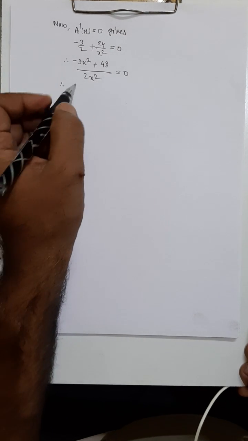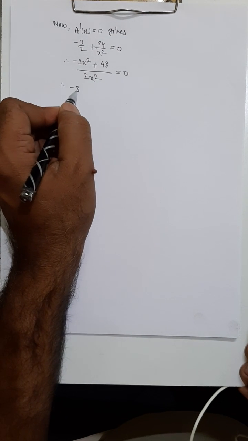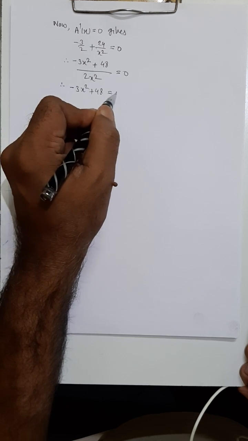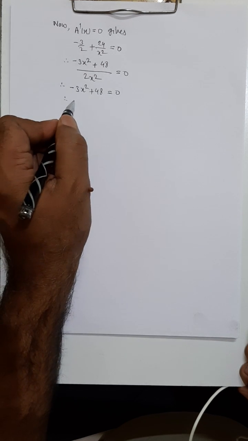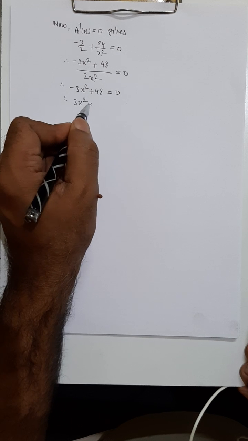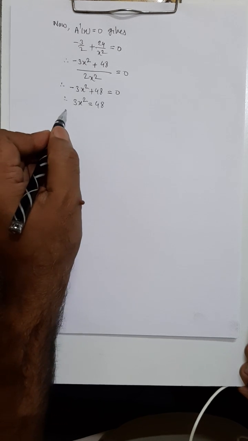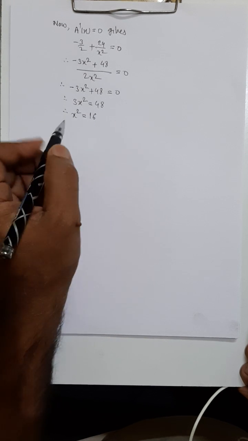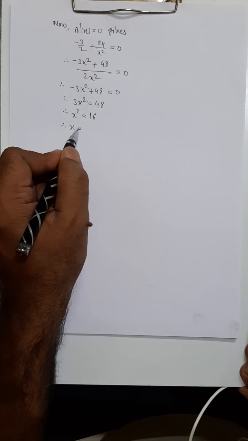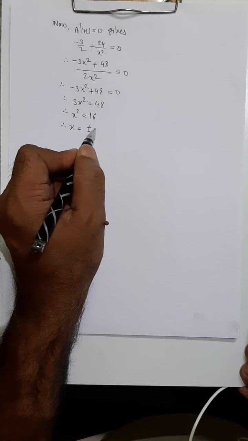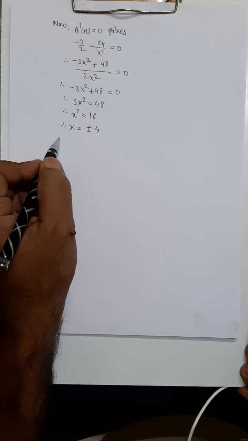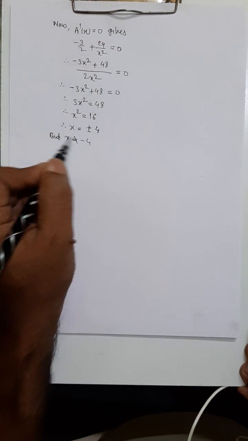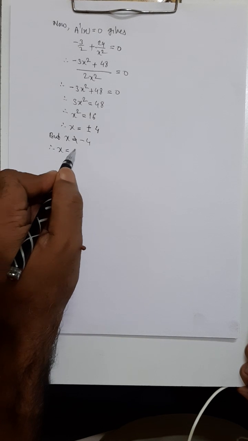So we get here minus 3x square plus 48 is equal to 0, and therefore 3x square equal to 48, and therefore x square equal to 48 divided by 3, means 16. So we get x equal to plus minus 4, but x is the length, cannot be negative, and therefore we take x equal to 4 here.